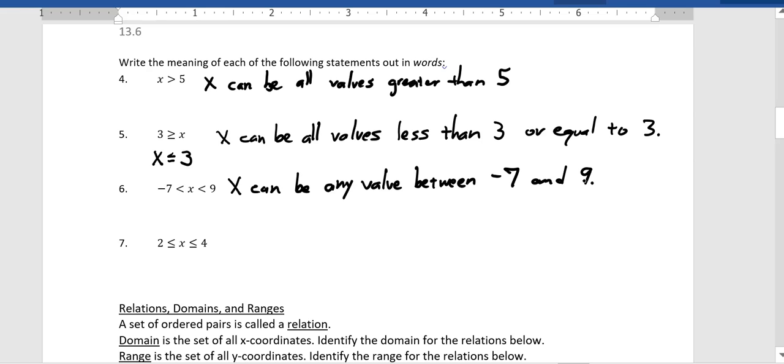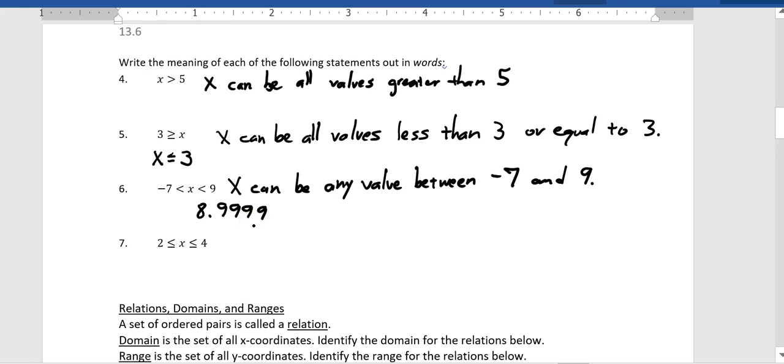We want to remember that there are decimals that x can be on problem 6. So x could be the decimal 8.99999. It's really close to 9. It's not quite 9. So it's okay for x to be any value that's really close to the -7 or really close to the 9. Okay.